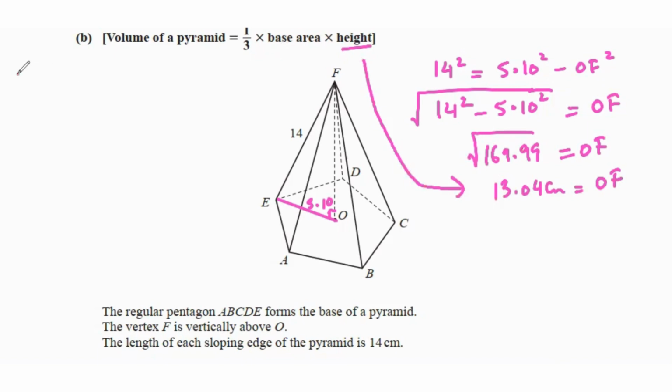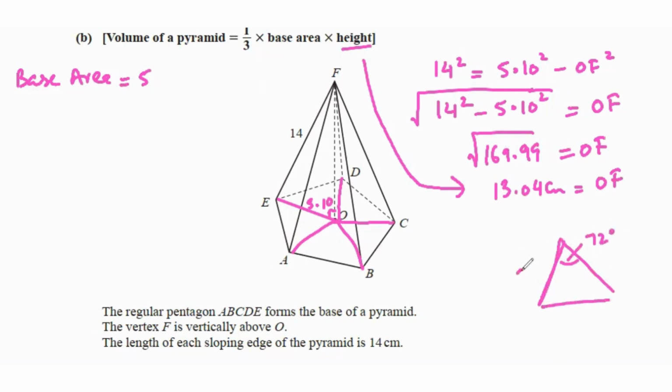Base area is basically going to equal 5 times the area of these triangles. So if you remember, we divided the shape into 5 equal triangles. If you find the area of one triangle, you know the angle over here was 72. This is 5.1, this is 5.1, and this is 6.